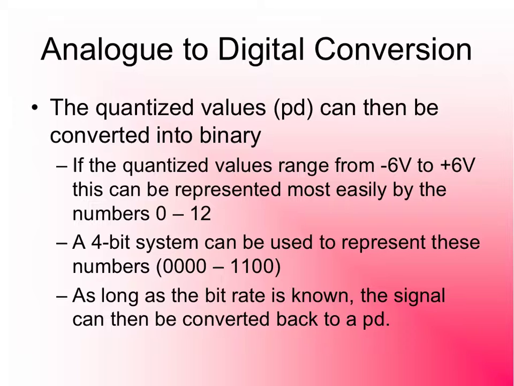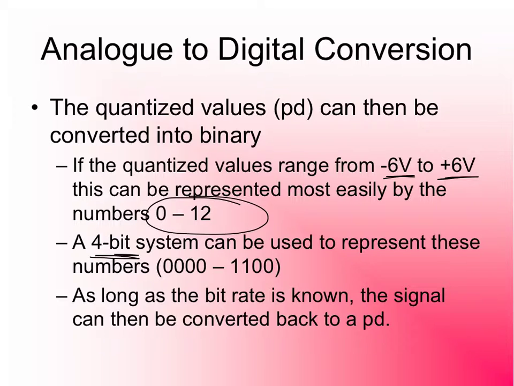So then we can take those quantized values and convert them into a binary system using our potential differences. If we have ranges from -6 volts to +6 volts, just as an example, then we can represent basically 13 different numbers, 0 to 12. And those numbers can all be represented using a simple 4-bit system.